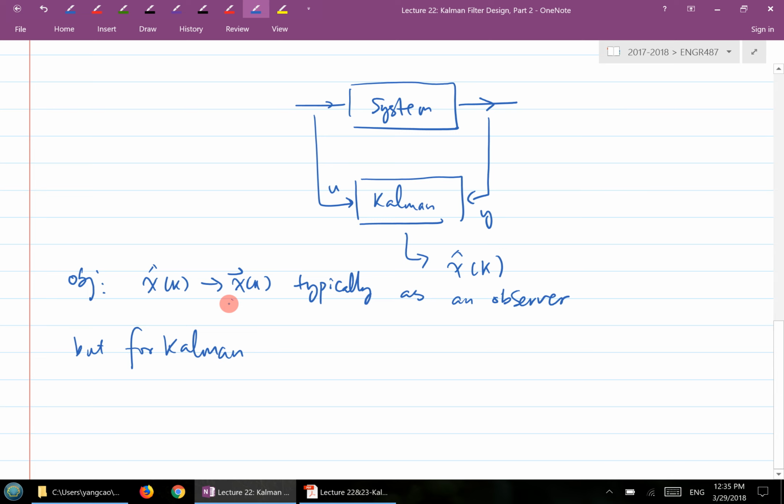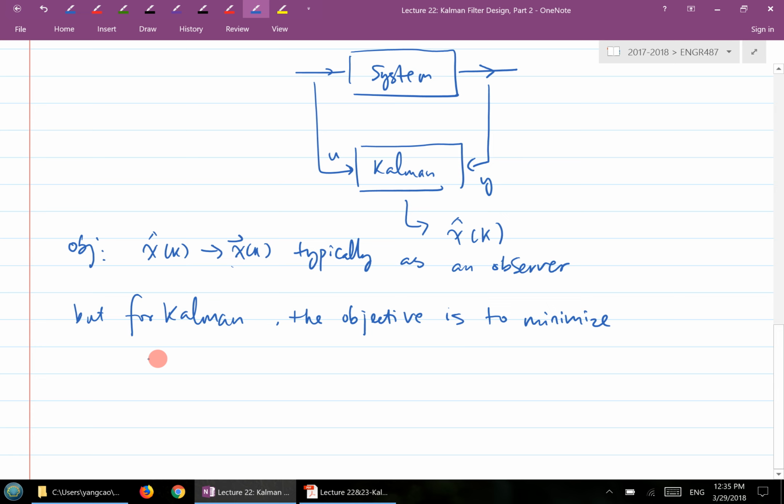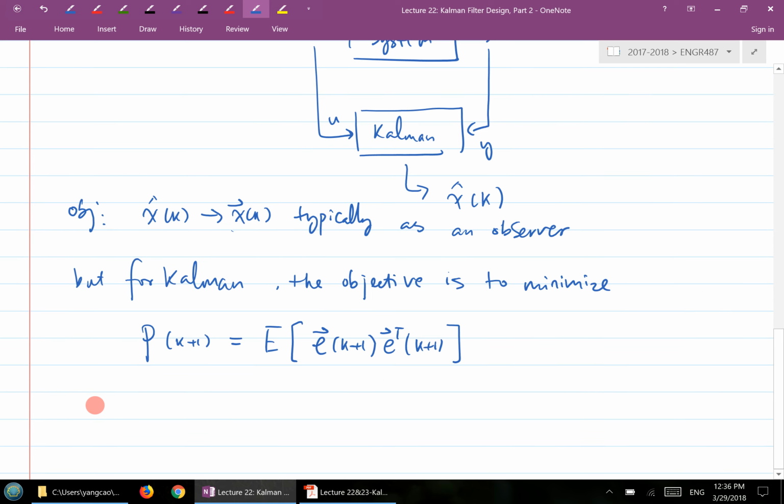What we want is to minimize the following matrix: P of k plus 1 equals E of e of k plus 1 times e transpose of k plus 1, where e is the estimation error.